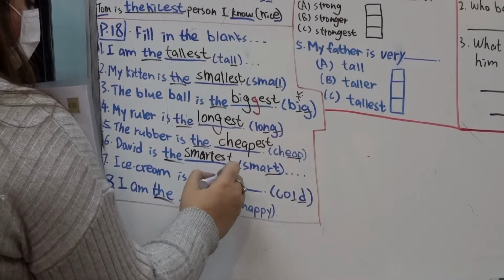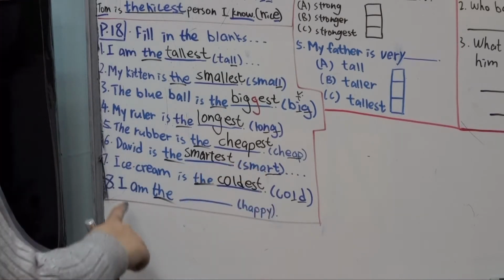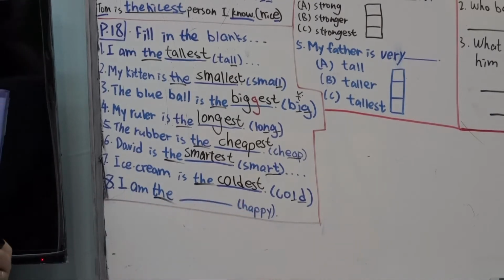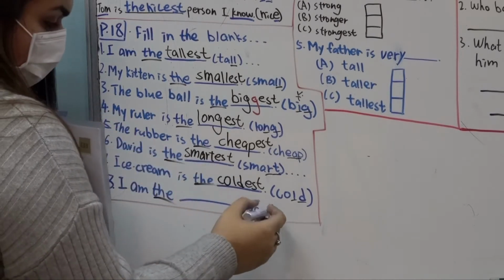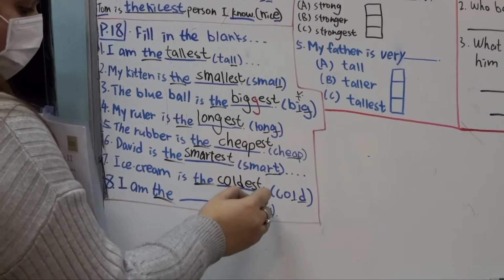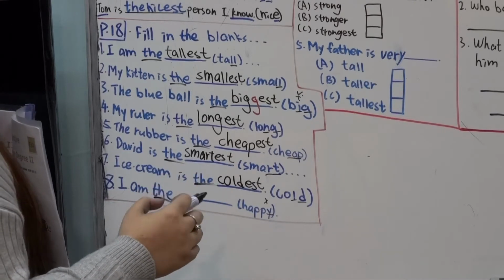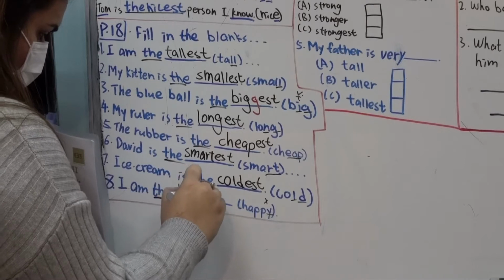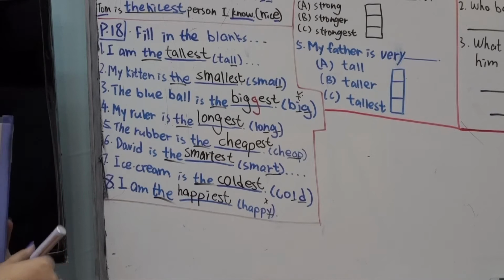No. So we add EST. Okay. Number 8, let's read. I am the happiest. How do we spell happiest? If the adjective ends with Y, we cross out the Y and add, what do we add? IEST. Good job. IEST. Okay? Check your answers.